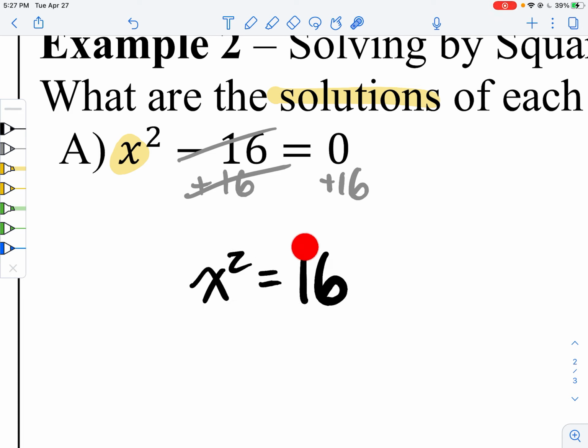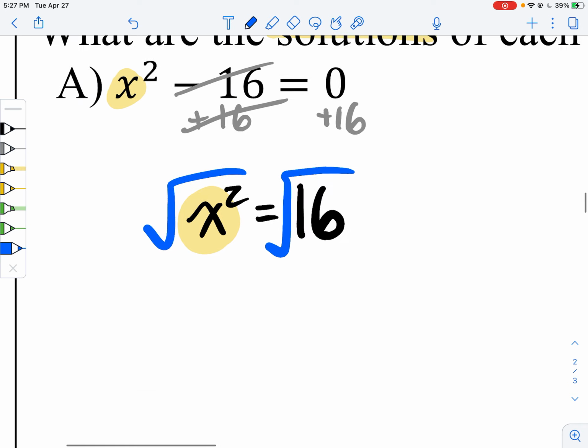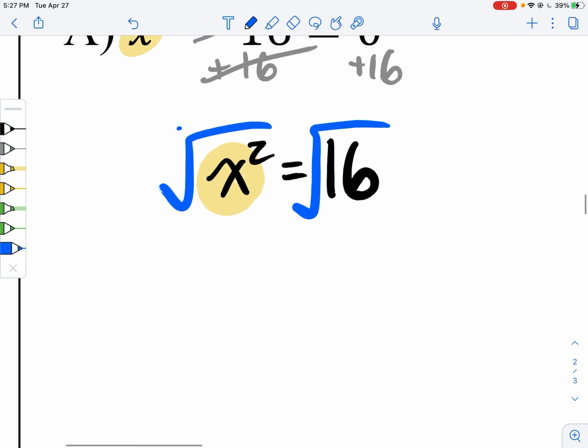Cool. Now I still want to get x all by itself. So how can I undo this squared right here? Well, I'll take the square root of both sides. The square root and x squared will cancel out, leaving you with just x. Then we need to figure out the square root of 16.